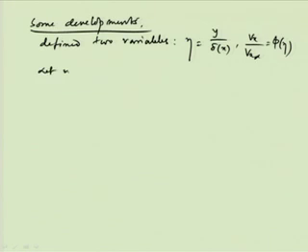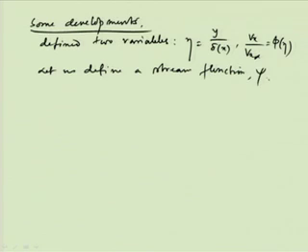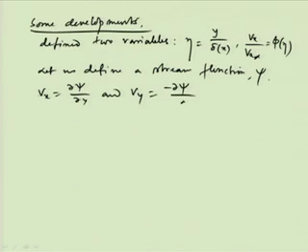Let us define a stream function psi such that Vx is equal to del psi by del y, and Vy is equal to minus del psi by del x, where psi satisfies the continuity equation.